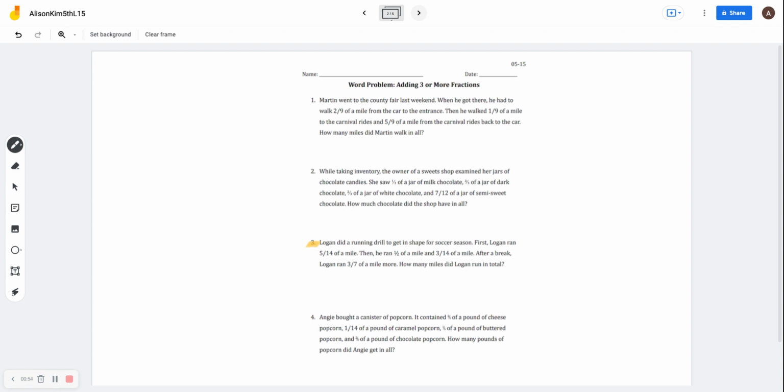So, in order to find out how many miles Logan ran in total, we're going to have to add up all the fractions that we're given in this specific word problem. So, it says that Logan ran at first 5/15 of a mile. 5/14. And it says that he ran half of a mile more.